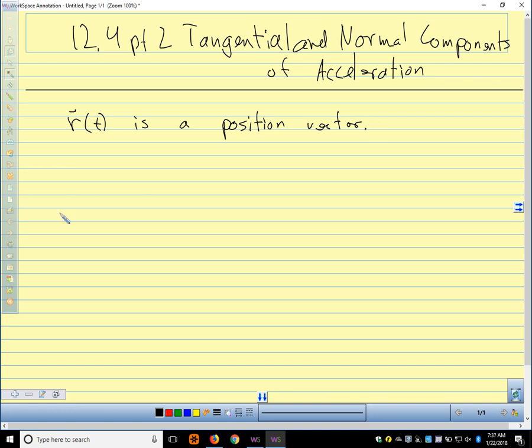All right, so we defined our unit tangent vector, T, was r prime over the magnitude of r prime.